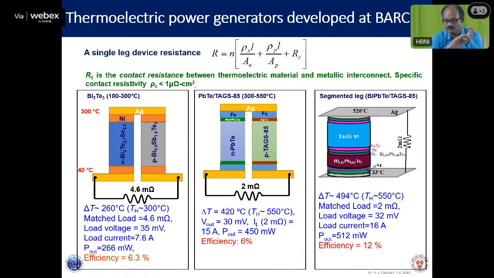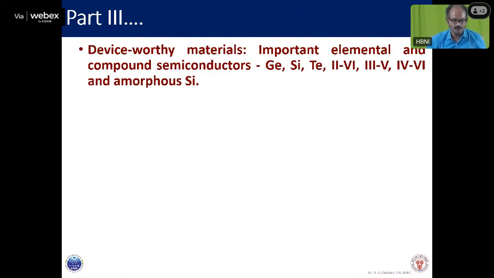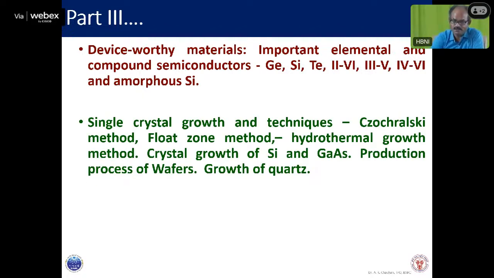Peltier effect, Thomson effect, and different methodologies to make thermoelectric devices. Now we come to part 3 of this syllabus, which is device-worthy materials: important elemental and compound semiconductors, which are germanium, silicon, tellurium, second-sixth elements, third-fifth elements, similarly fourth-sixth elements, and amorphous silicon.